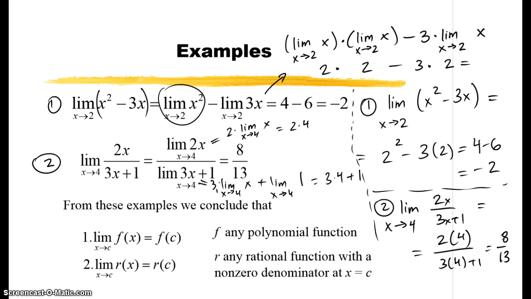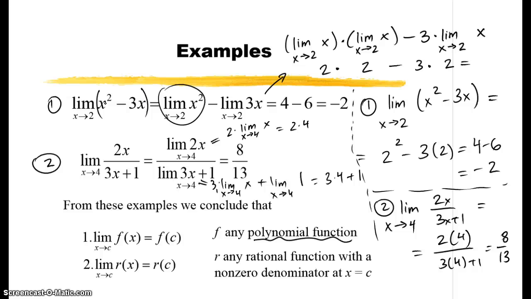So from these examples, and your book goes into a little more explanation, I highly recommend you read that, we can conclude that in general it is true that if f is a polynomial function, like in example 1, x squared minus 3x is a polynomial, then the limit as x approaches c of f of x is simply what you get when you plug in c into your polynomial.